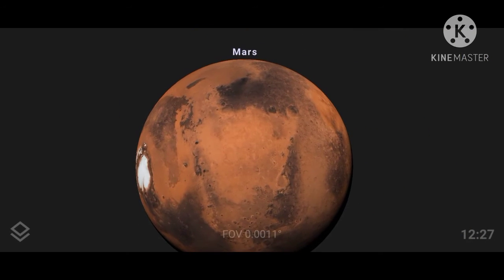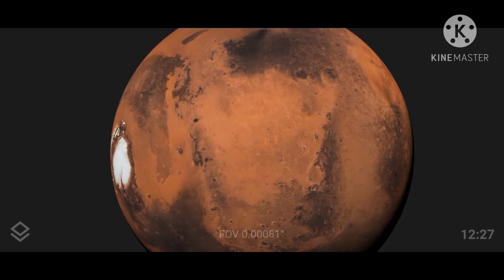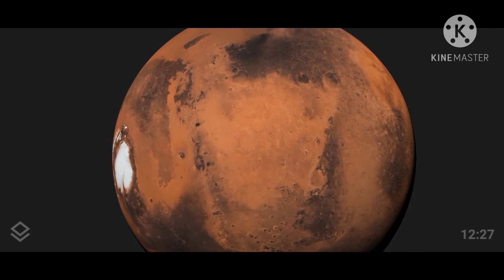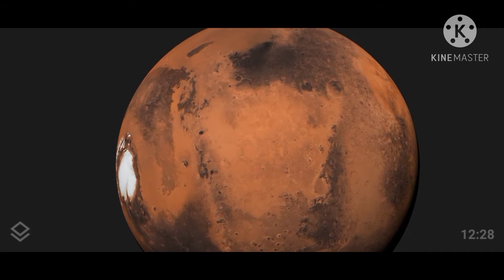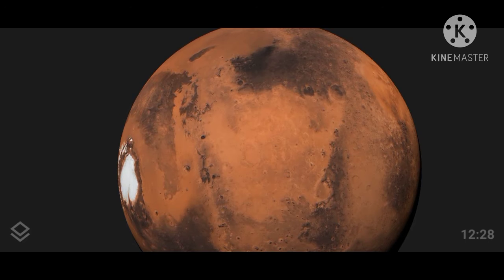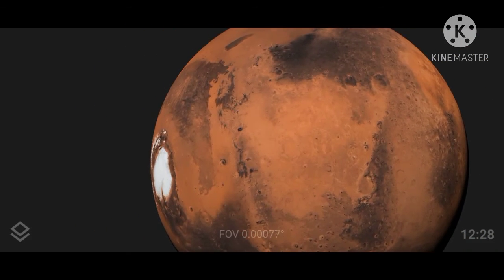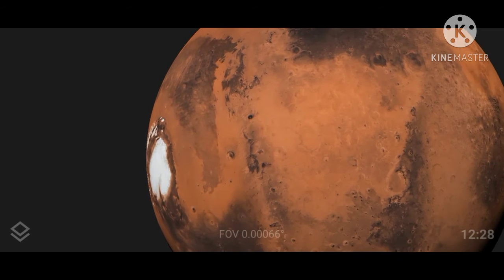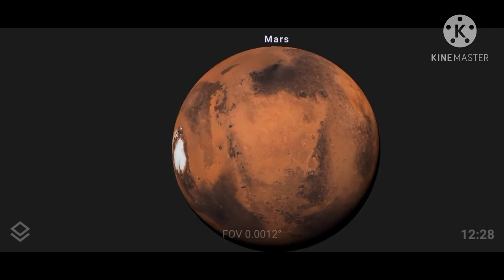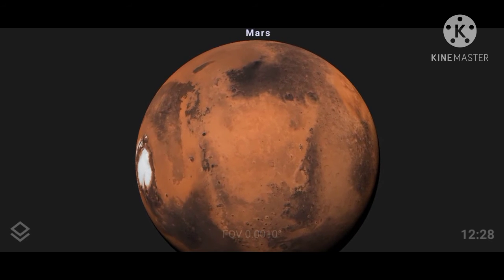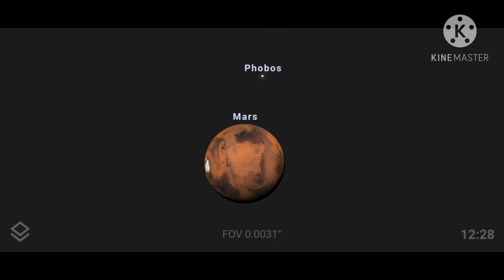Also, we can find on the planet Mars Olympus Mons, which is the highest mountain, higher than Mount Everest on Earth. We can also find here the Valles Marineris, which is the deepest canyon among the 4 terrestrial planets.